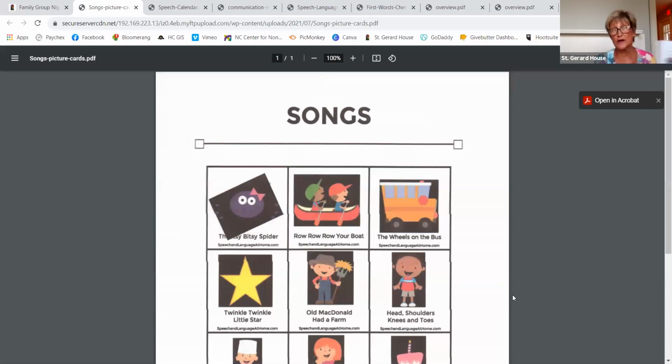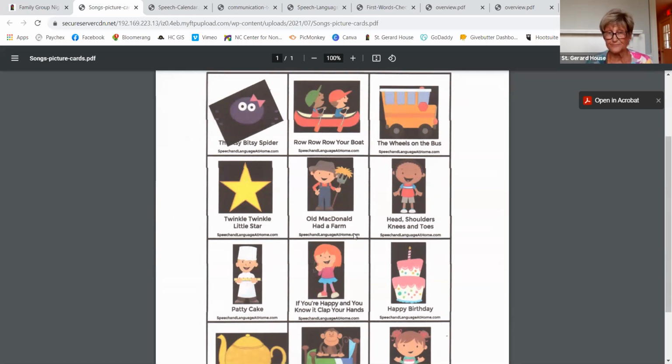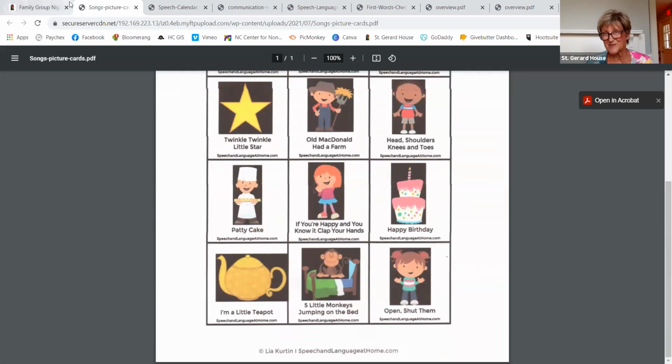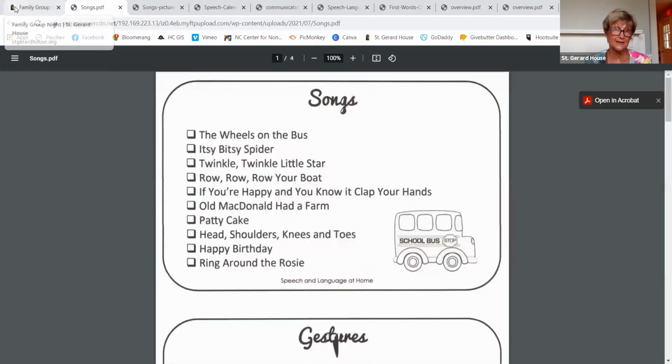There's also songs, and a lot of the kids in our program are singing these songs, and these are good for vocabulary. I think you can get a lot of these on your iPad as well. They teach about animals and body parts and all sorts of things. A lot of times our kids won't initiate that, but once they get started and realize they like it, then they'll do it.